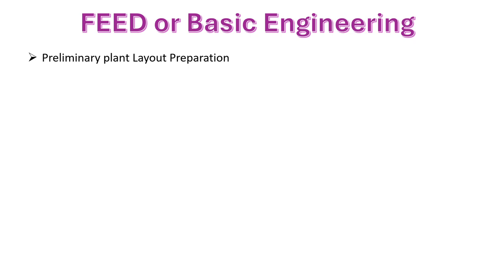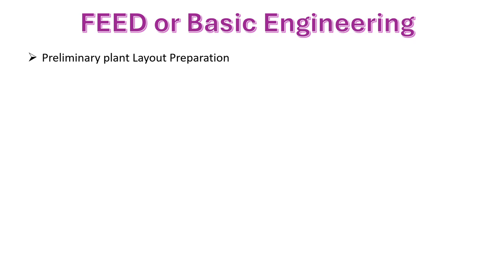As per standards, we have to keep at least 1 meter peripheral space around the equipment. Ladders need to be provided as per the safety requirements or as per the guidelines, IS code. Then we have to consider the local statutory requirements while preparing the plant layout, like the requirement of DISH.